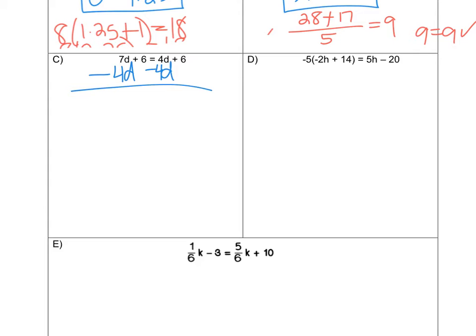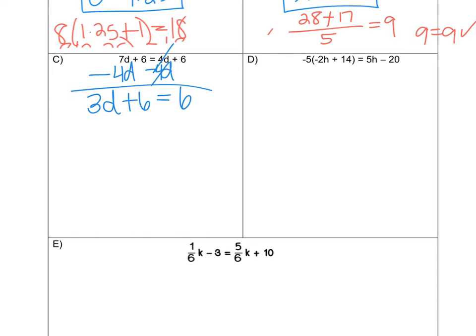(7d minus 4d is 3d, and then I still have this plus 6 equals 4d minus 4d is 0. It's gone, and then I'm just left with positive 6. So you can see we took the 4d on the right side of the equation and moved it to the left side. So now it's gone.